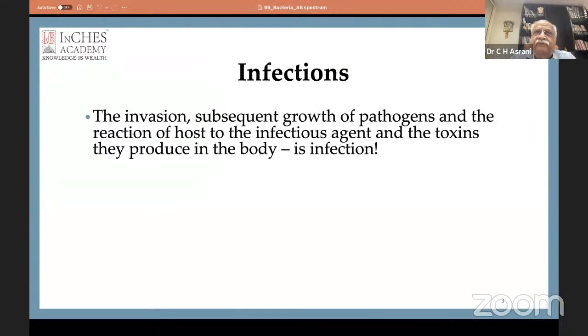Infection. What is an infection? It's an invasion in the body of a pathogen. And after invasion, if our immunity does not kill it, it is the subsequent growth of the pathogen. And how the body reacts to that infectious agent and what toxins the agent produces is all called infection.